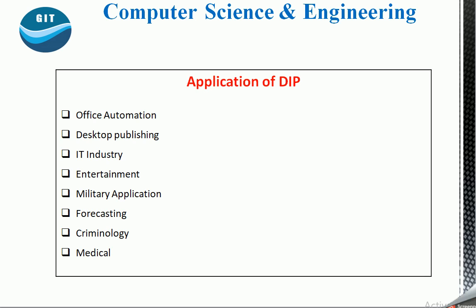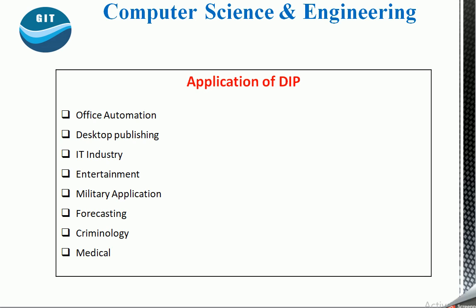And next, the IT industry. In the IT industry, DIP is mostly used for image transmission, video text, video conferencing, and video phone, etc. And entertainment. In entertainment, it is used in SDTV, multimedia, and video editing.